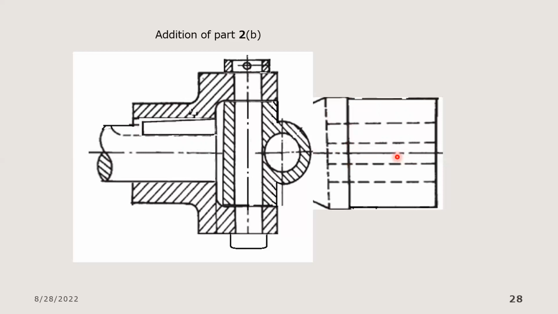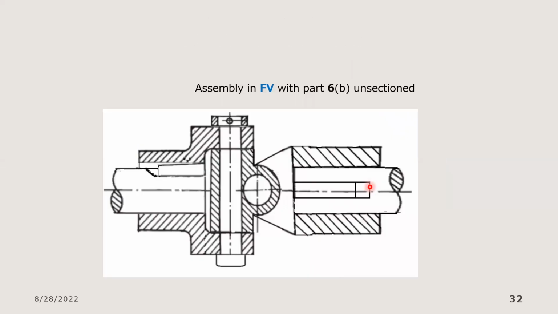Okay, and remember, if you look at the working of the universal coupling very well, you see that the forks, where they are joined, are rotated at an angle of 180. If you look at the fork well, you should see what I am saying.